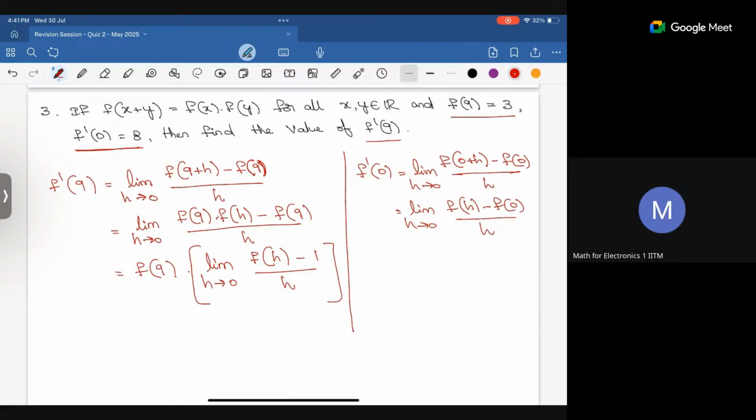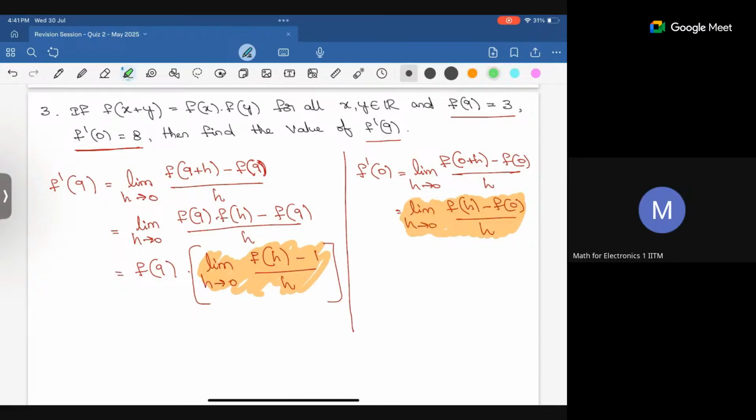If you stare at these two expressions, most of the things are common, but there is only one difference.